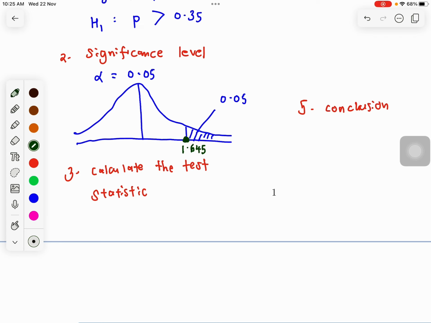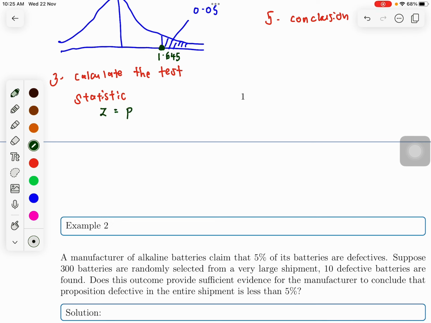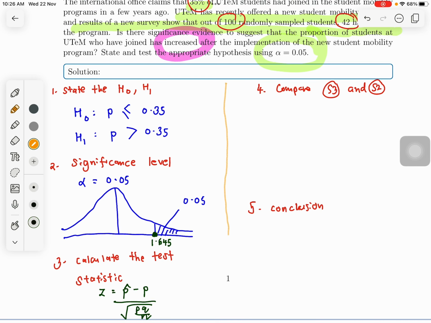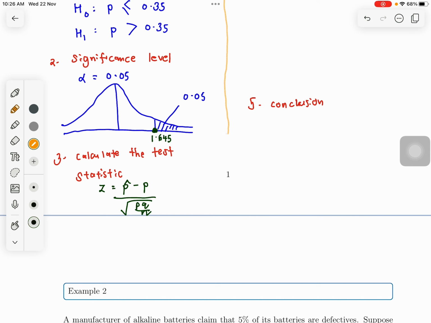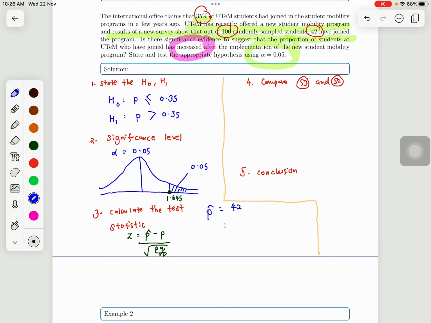Okay, so at step 3, we need to calculate the test statistic using this formula, which is Z equal to P hat minus P over the square root of PQ over N. Alright, so our P hat is equal to, our X is 42 over 100.